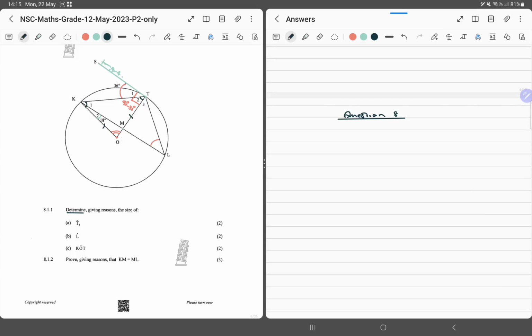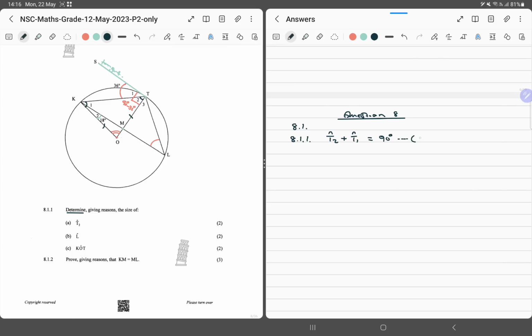So we've got here 8.1.1. We know that angle T2 plus angle T1, that whole angle there, or you can say OTS if you like, is equal to 90 degrees.